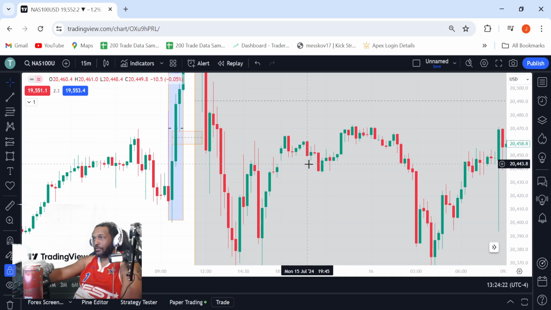So this bearish candle that I have my cursor on, can you see that? This candle right here. This candle is a 7:45 candle, 7:45 p.m. That is the low. So this is where my cursor is now. That's a 6:30 p.m. candle.